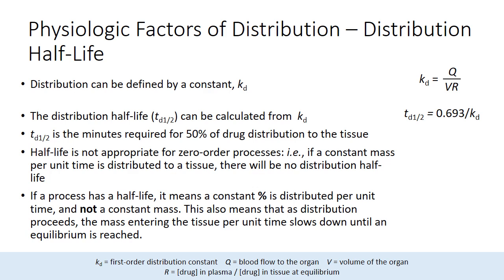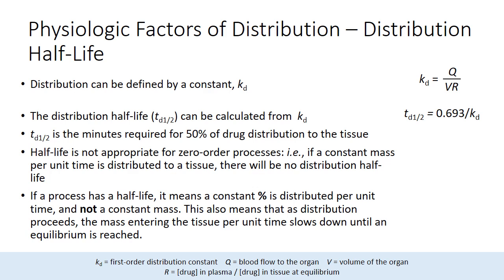The distribution rate constant would be K sub D, and please don't get confused with the dissociation constant for drug binding that we talked about in pharmacology. That would be the KD for affinity. This is totally different.